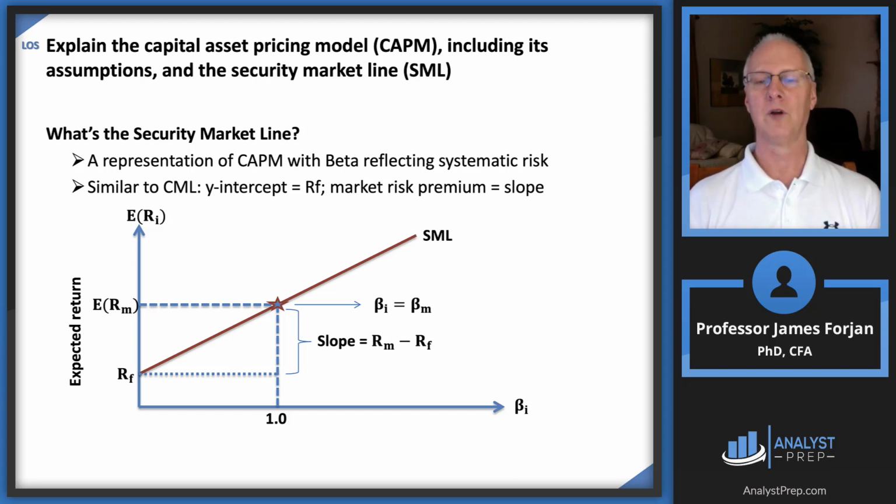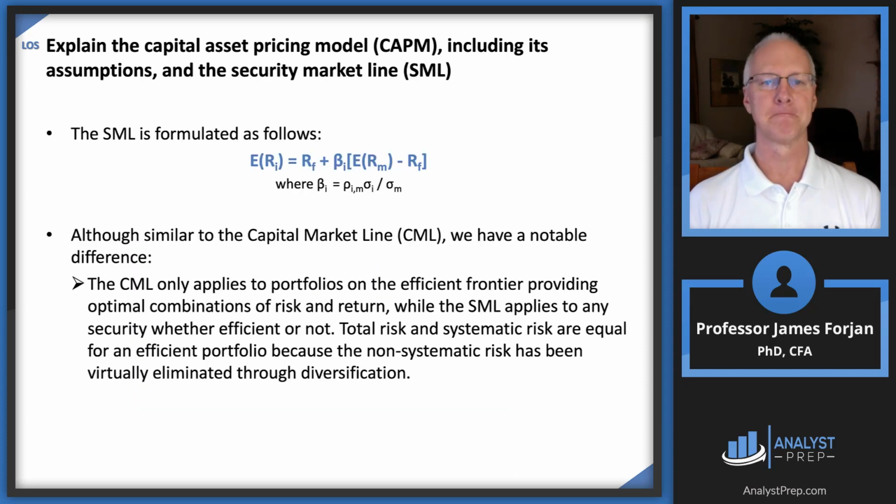All right, and so note that the slope is going to be, just like the slope was back in the capital market line, the market risk premium in this case. There's the formula for the capital asset pricing model and the security market line.